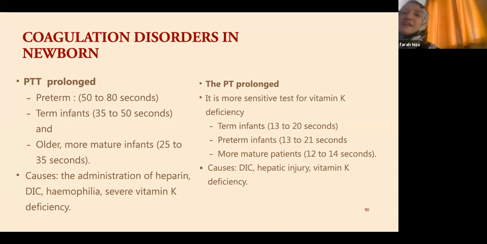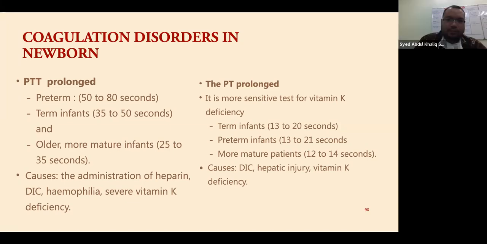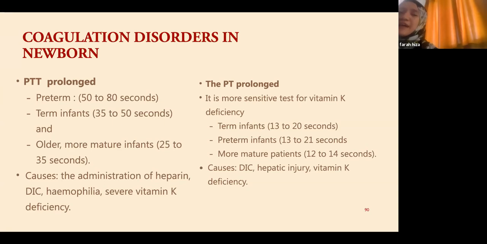Usually the APTT is affected by the intrinsic factors, so it usually happens when the patient has a coagulation factor disorder such as hemophilia. However, in other diseases such as liver disease, the PT is more affected.